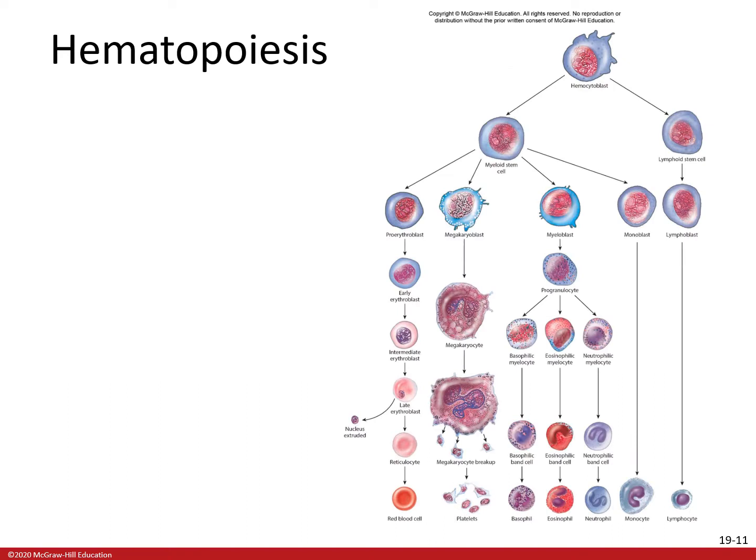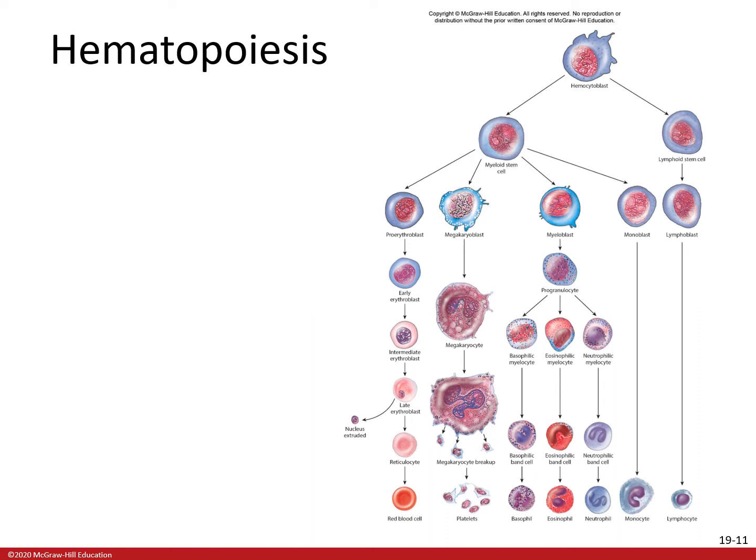I always love slides like this, showing this process of making various types of formed elements, because it's sort of like a blood cell family tree. I think they're quite adorable.